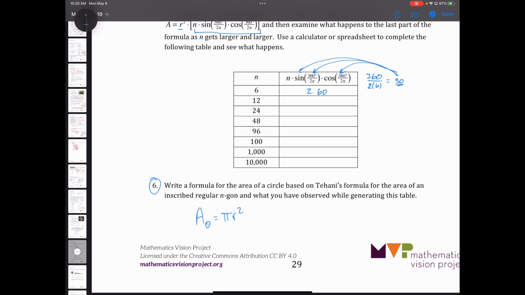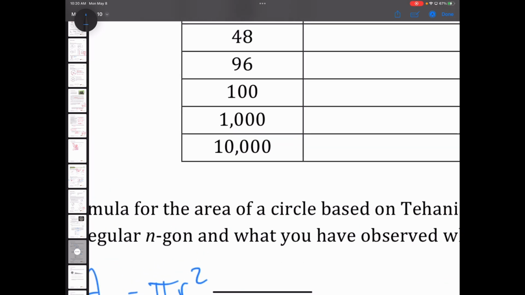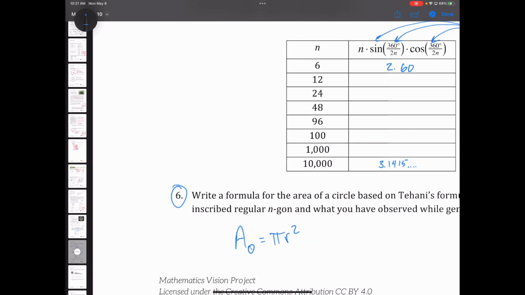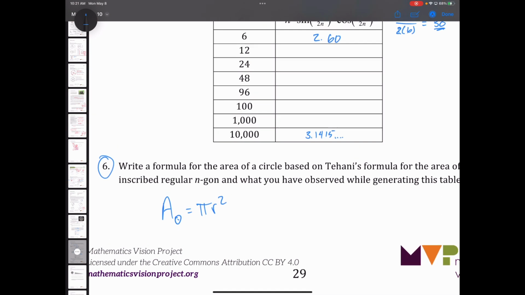If I keep upping the number of sides to, say, 10,000 sides, then I get a number like 3.1415 and so on, right? Okay, so you can start coming up with the formula for the area of a circle or the circumference, the perimeter of the circle, by this approach, okay?